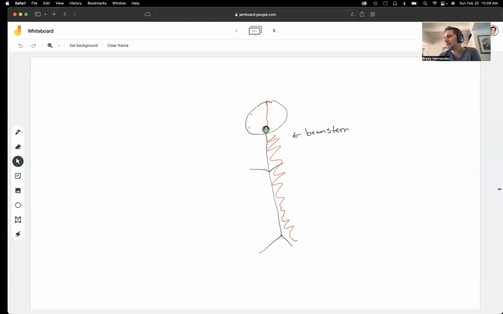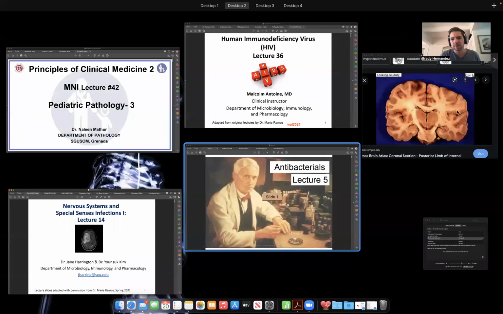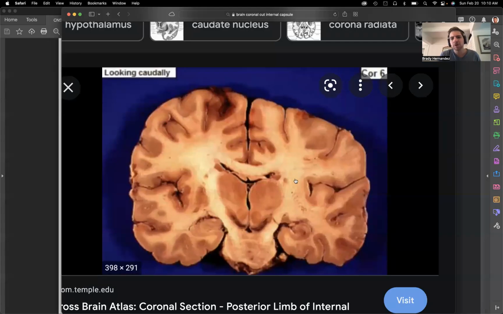Now, the other one would be if you had something like the whole side, right? Now, if everything is on one side, it has to be up in the brain, correct? Because everything would have crossed already. So I have a picture here that I pulled up for you guys. The internal capsule, if they say left side face and body lost motor and sensory deficits.